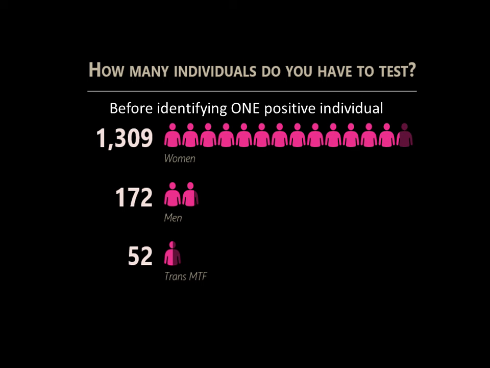So we calculated that a little over 1,300 women had to be tested before identifying just one positive. And a significantly smaller number of men, 172, needed to be tested before identifying one positive, and 52 transgendered male to female individuals had to be tested before identifying one positive.